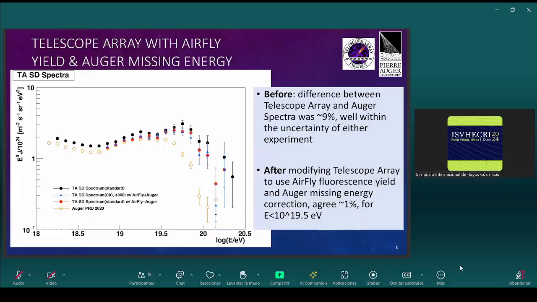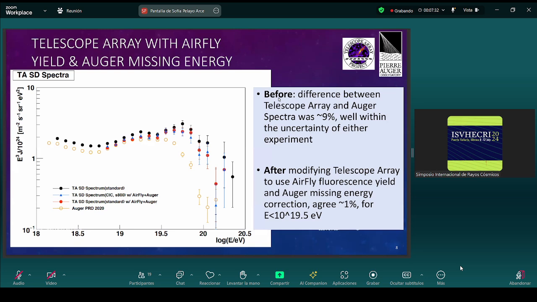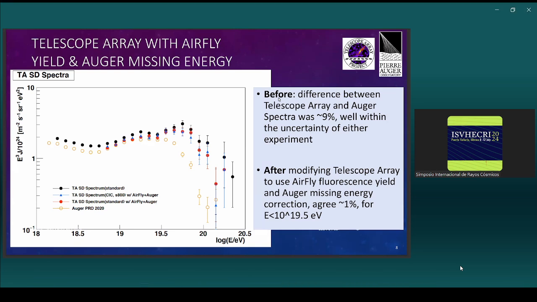There we go. So if you were at ICRC, you sort of saw this already. This shows the Telescope Array high energy part of the spectrum, and it's compared with these orangish dots, which are the Auger high energy part of the spectrum.